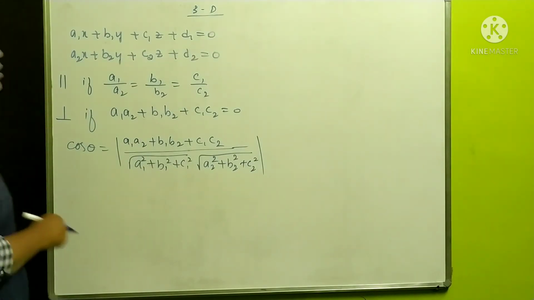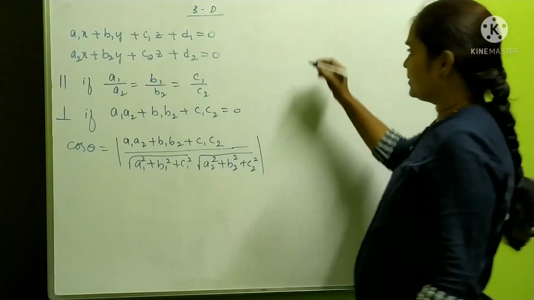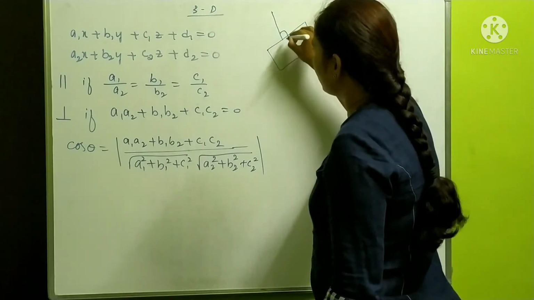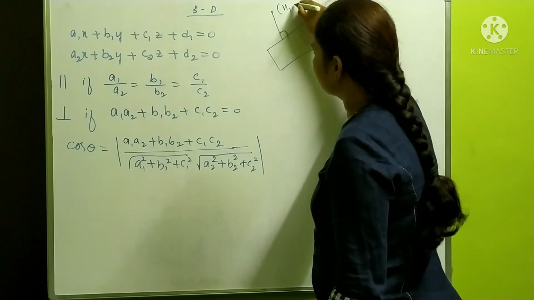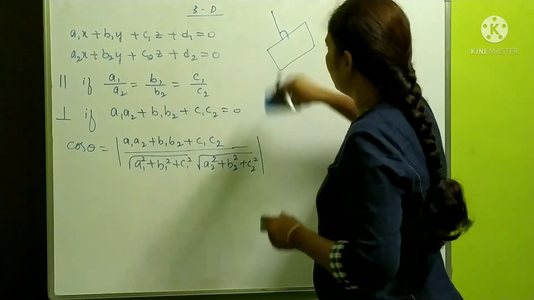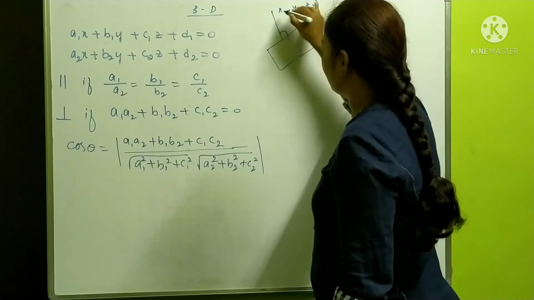Okay. Now, suppose you want to find distance from point to the plane. Suppose you have a plane here and you want to know the distance from this point x1, y1, z1.